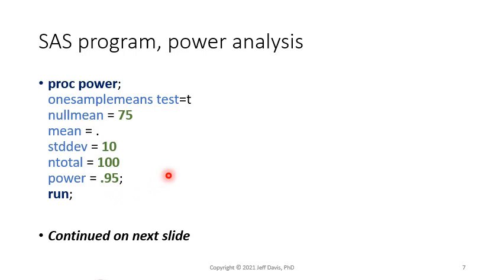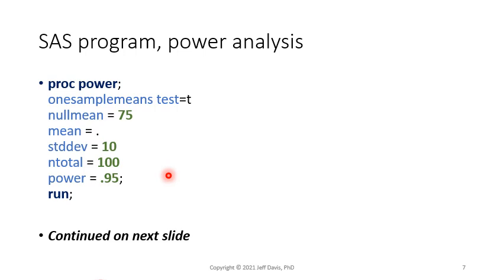I want SAS to give me a mean that not only allows me to reject the null, but I can reject the null with about 95% confidence that I am not making a type 1 error.